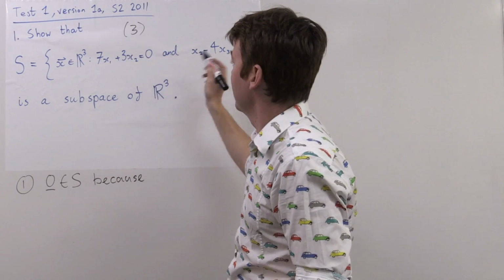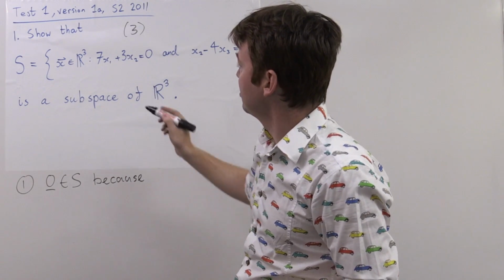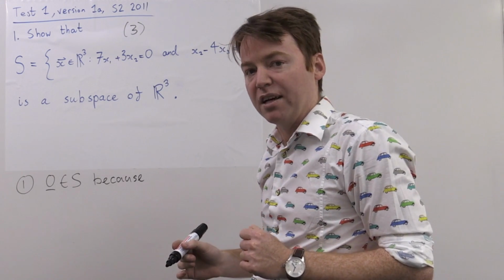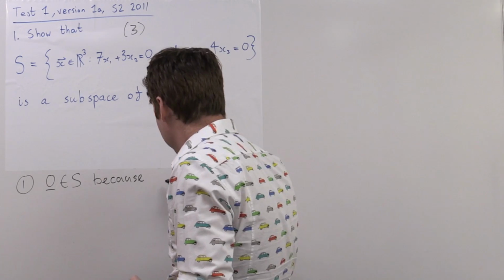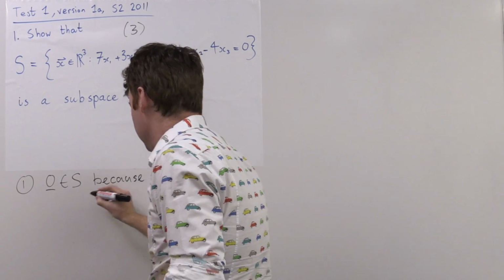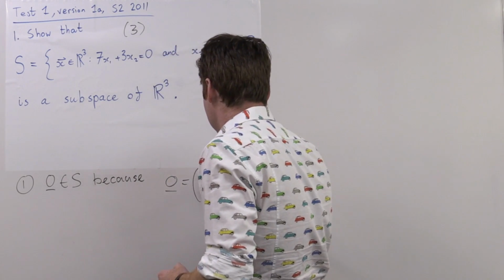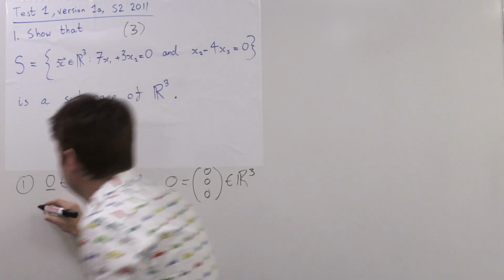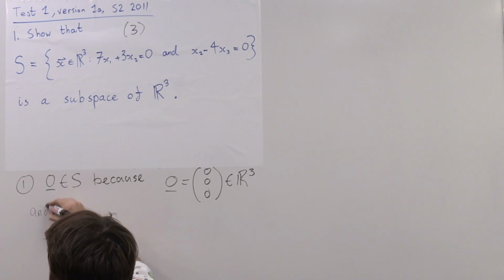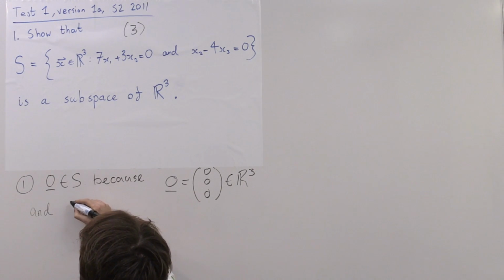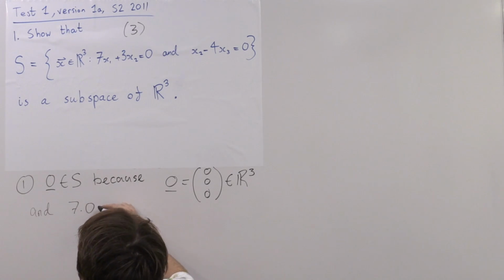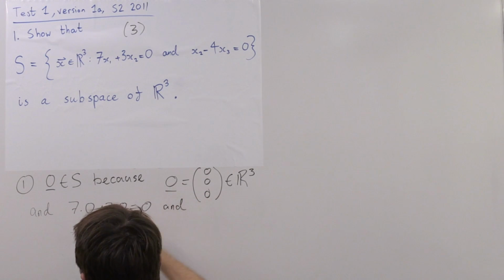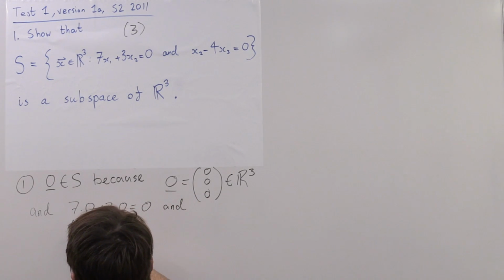So here we have some set of vectors from R3 that satisfies these conditions. We'll see that the 0 vector from R3 satisfies these conditions. Because, let's say 0, which is equal to (0, 0, 0), is an element of R3, and, well, when I plug the first component in, I get 7 times 0.